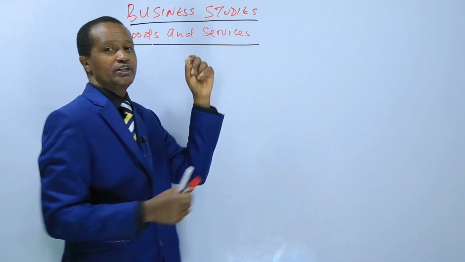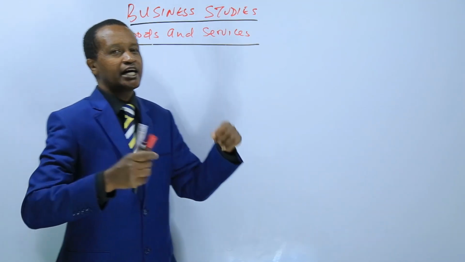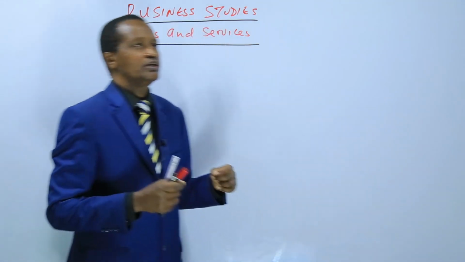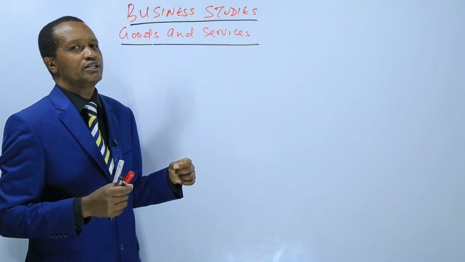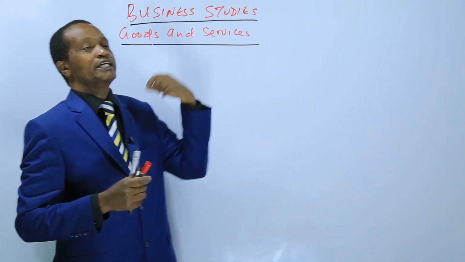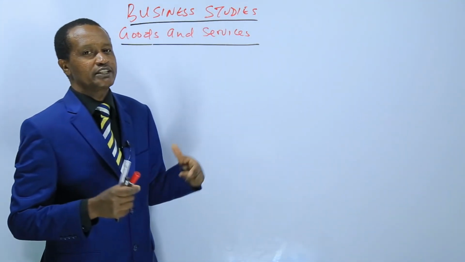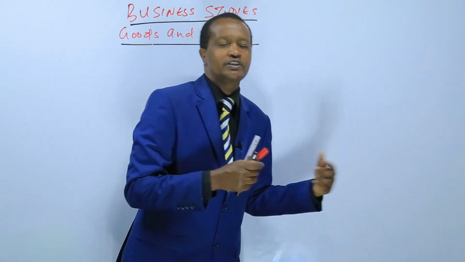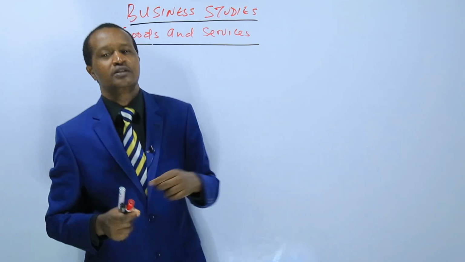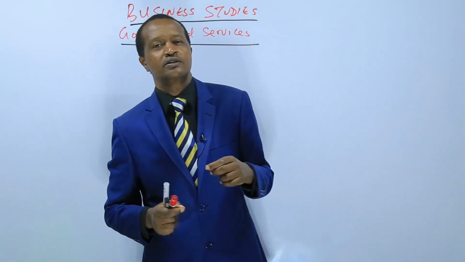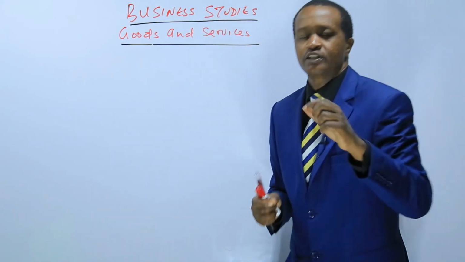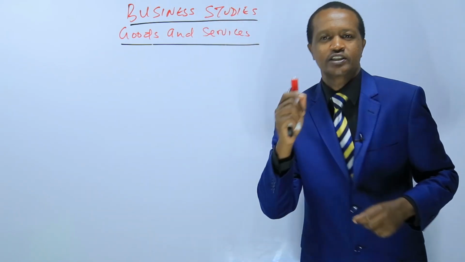Now, services, on the other hand, are actions. They are not tangible. In other words, they are intangible and invisible. Examples are banking services, teaching services, transport services, security services, hairdressing services, shoe shining services.